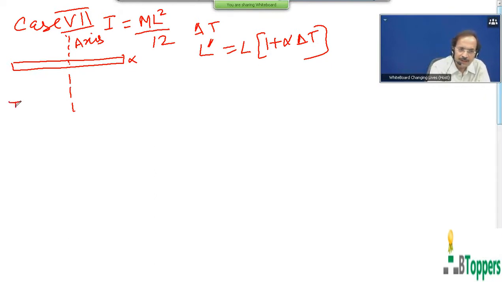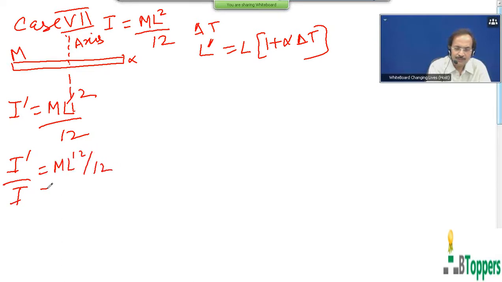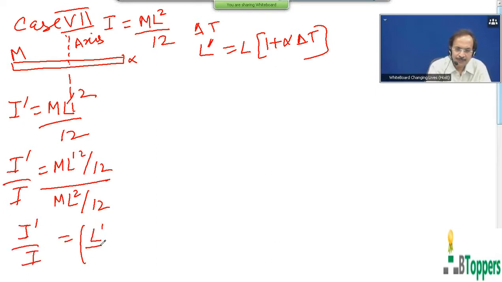So the moment of inertia of the rod at higher temperature, denoted by I dash, can be written as M L dash square by 12. M is the mass of the rod, which does not change on heating. We assume the mass of the rod has not changed on heating here. So I dash by I is ML dash square by 12 divided by ML square by 12, which is (L dash by L) whole square.